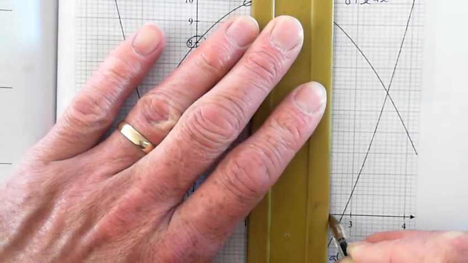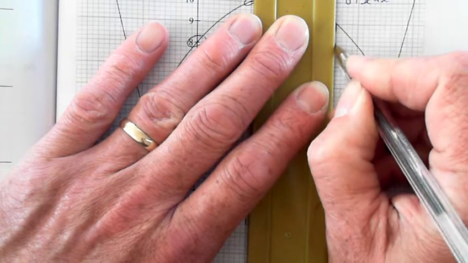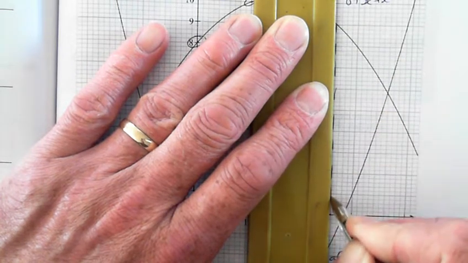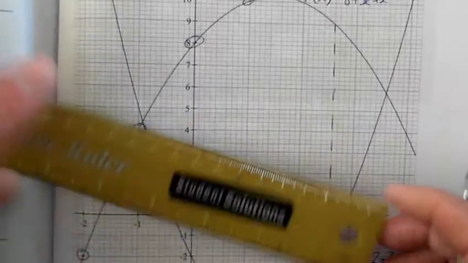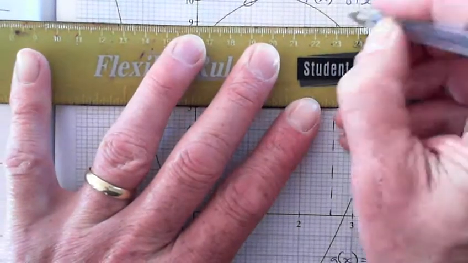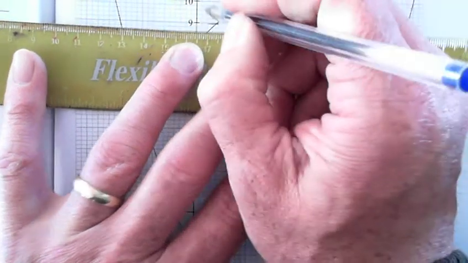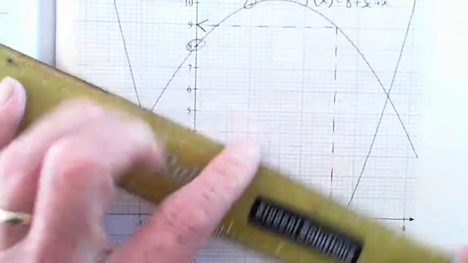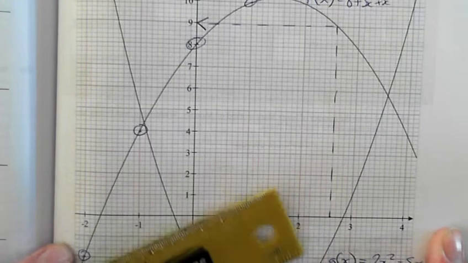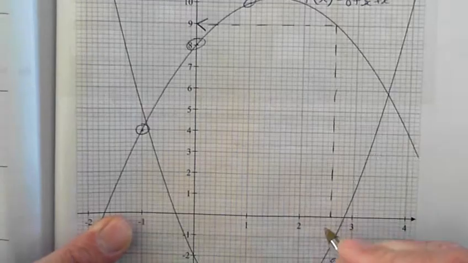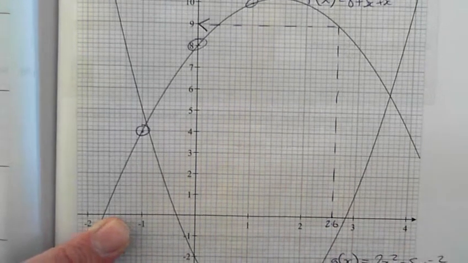So go straight up until you touch the graph. Now when you touch the graph, hang a left, go over to the y-axis. An examiner will want to see that kind of stuff on the graph. Alright?